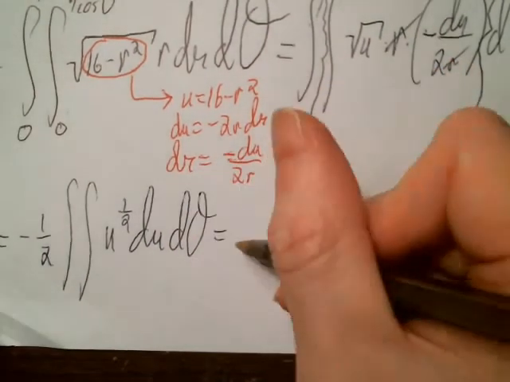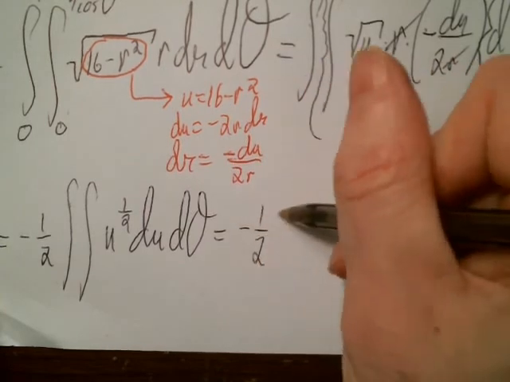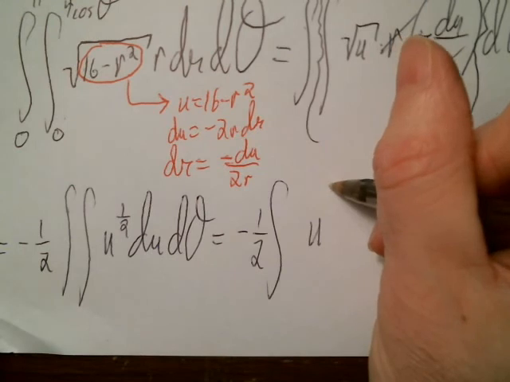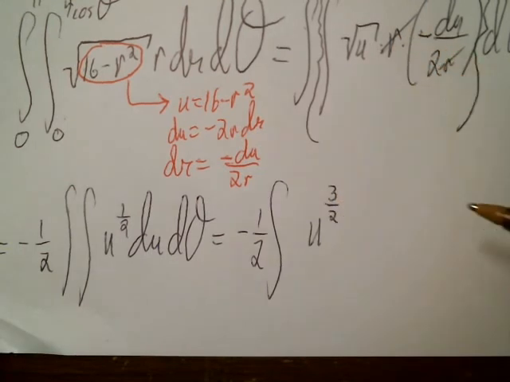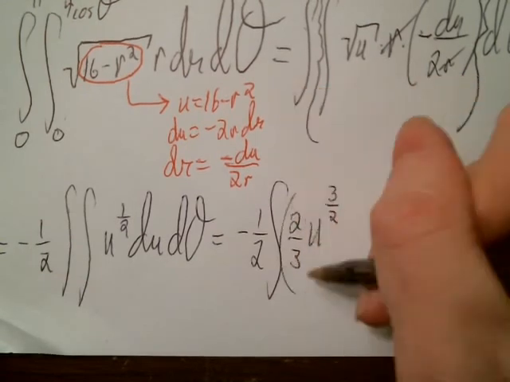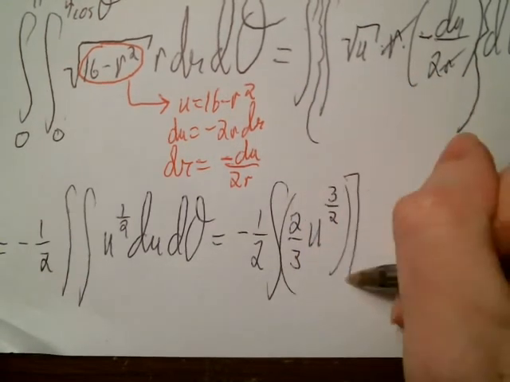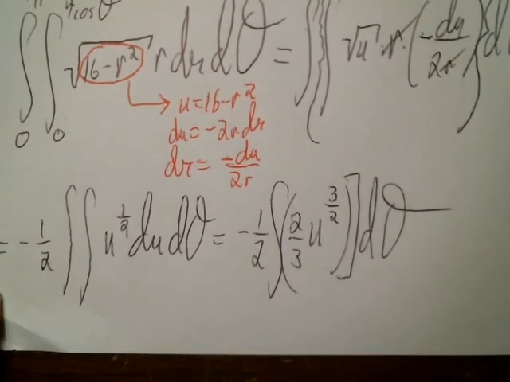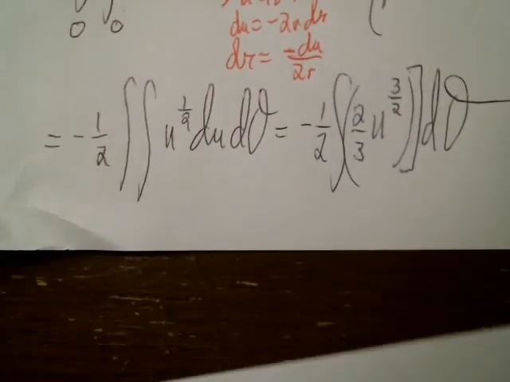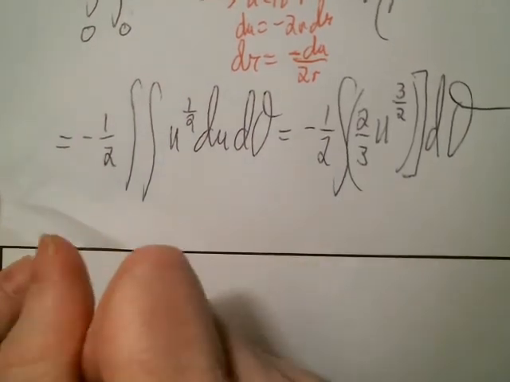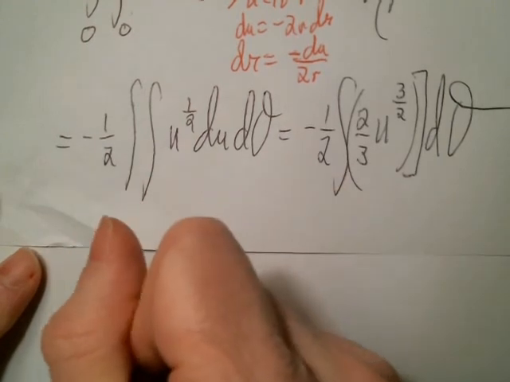And then with the negative 1/2, I have to integrate u to the 1/2, so that would be u to the 1/2 plus 1, which is 3/2, divided by 3/2, the same as multiplying by 2/3, d theta. Okay, I can factor out that constant, and I'll end up with in front a negative 1/3.